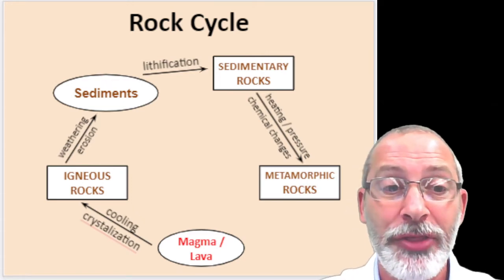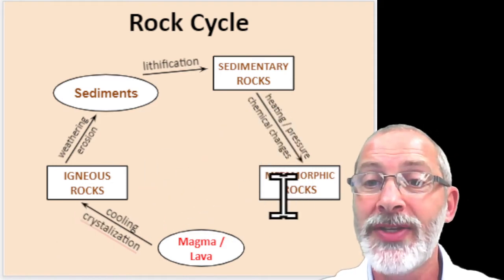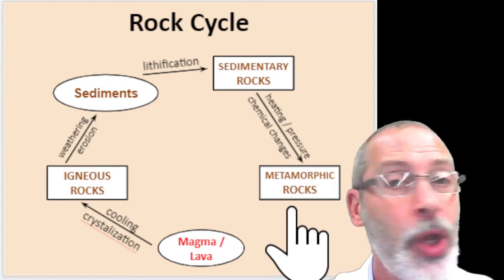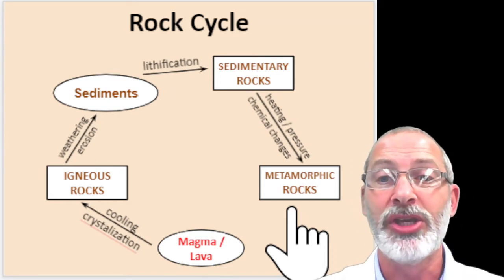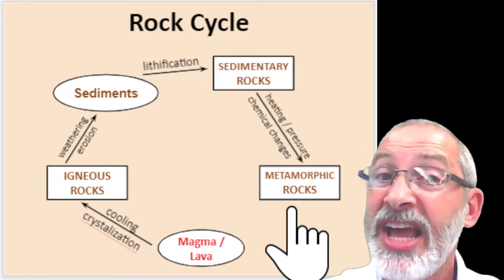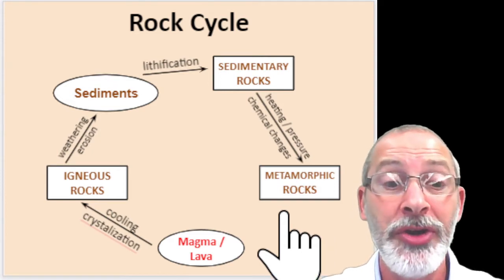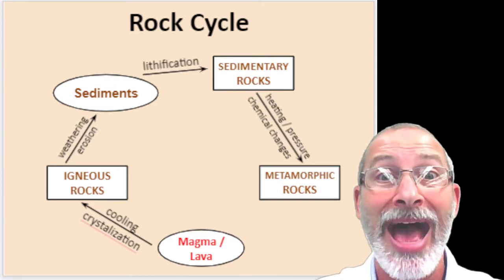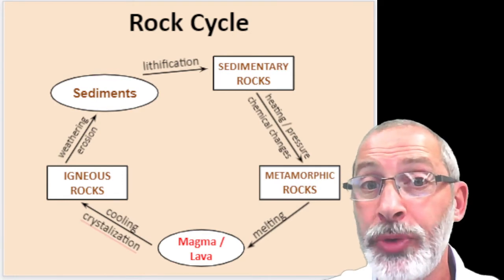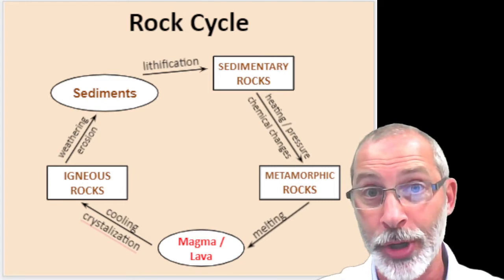So here we have our three rock groups: igneous rocks, sedimentary rocks, and metamorphic rocks. But as you can imagine, we're not done yet, because metamorphic rocks can find themselves in locations where they will undergo dramatic heat, like near a plate boundary or near a volcano or a magma chamber.